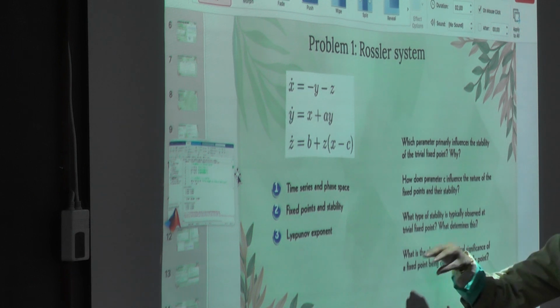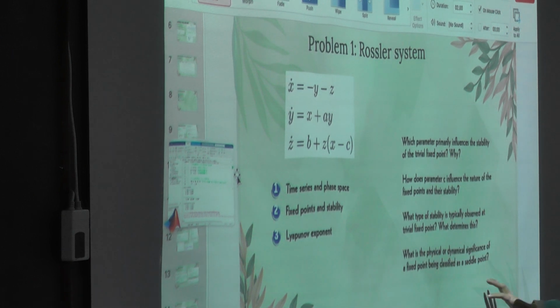It's actually towards our topic: when we have saddle points, the dynamical behavior is towards chaos. That's why I say my question is very obvious. So when we have the saddle point, it means that our system is heading towards chaotic behavior.